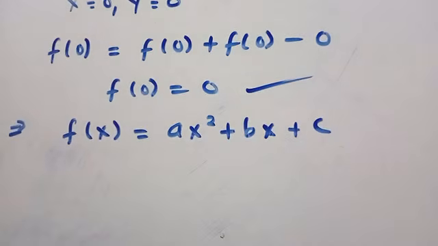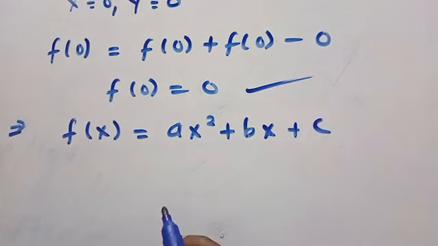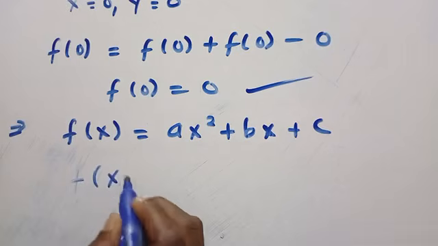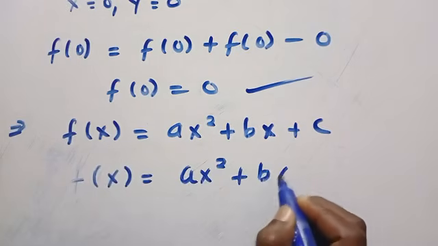Substituting, since f of 0 equals 0, the constant c becomes 0. So we have f of x equals ax squared plus bx.